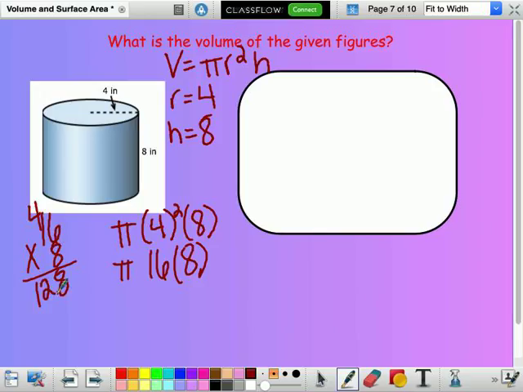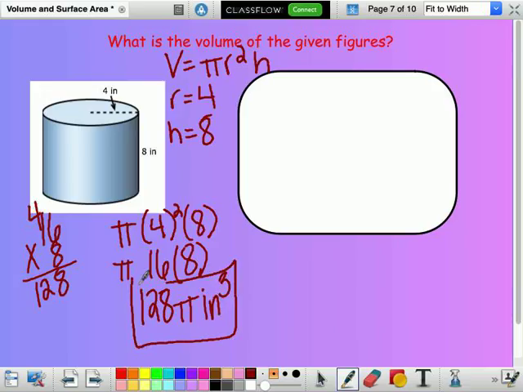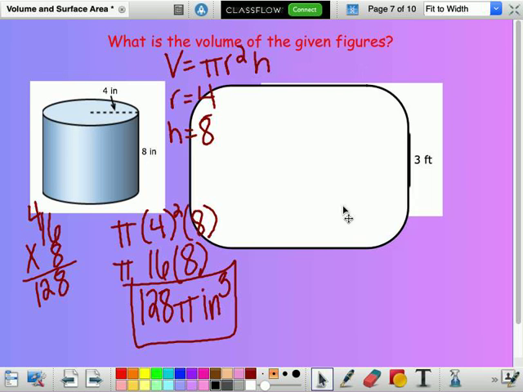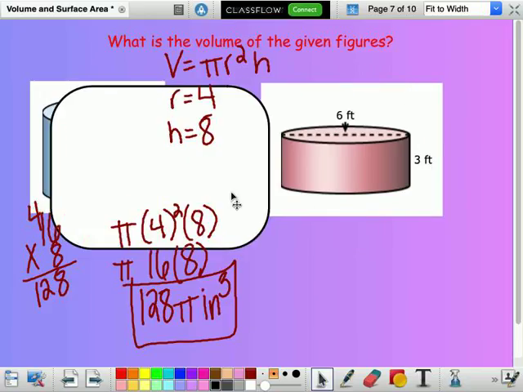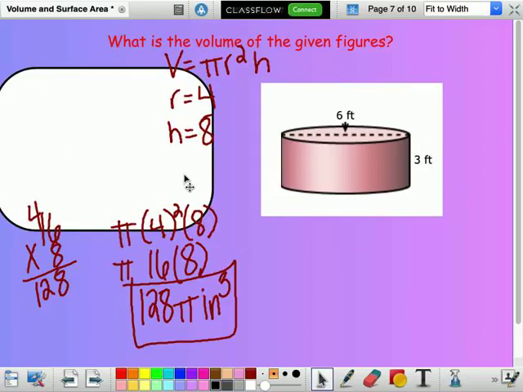So I get 128 pi. And that is inches cubed. All right. For this one, I want you to, again, pause here, do it on your own, and then check back.